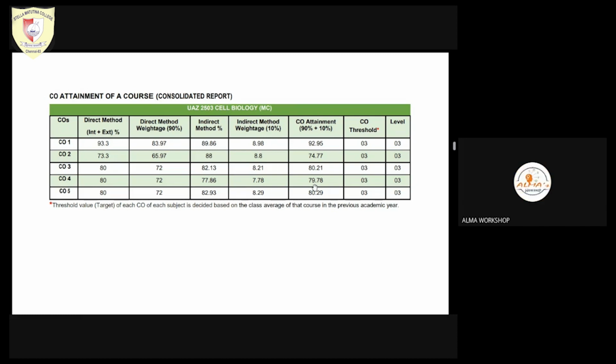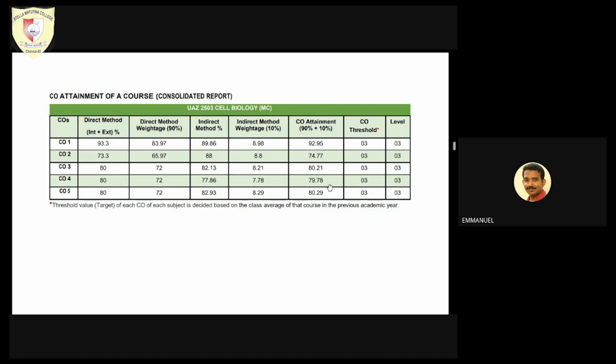Ma'am, how about for a student? How are we going to give the marks to the students? Yes, for this direct method, only the first and second columns will be presented to students. Nothing of this part will be known to students. But of course, from students we will be getting feedback, and from parents we'll be getting feedback. The inclusion of this direct and indirect CO attainment, 90 plus 10, is ultimately for our purpose, for the progress of the management and the curriculum as such.